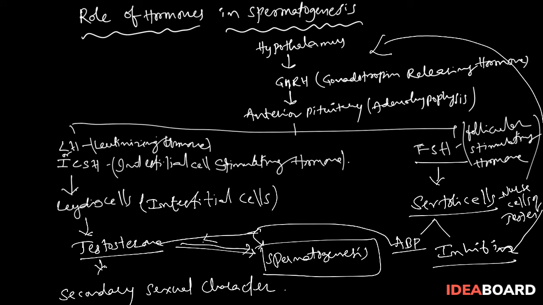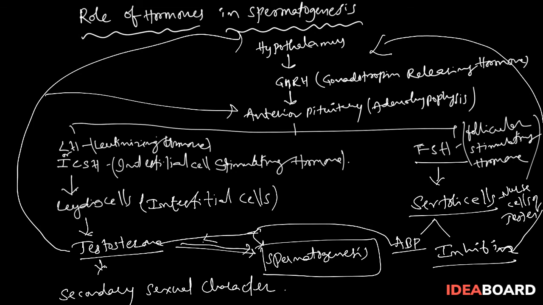And moreover, it also shows the negative feedback mechanism on the hypothalamus and on the anterior pituitary gland. It shows negative feedback mechanism to suppress the secretion of GnRH from the hypothalamus and then LH from the anterior pituitary when a sufficient amount is present in the seminiferous tubules.